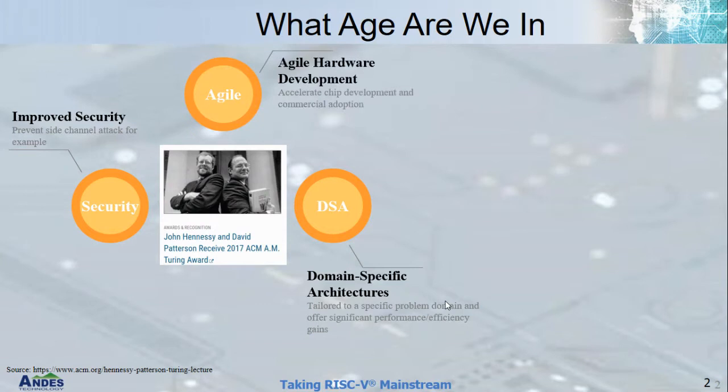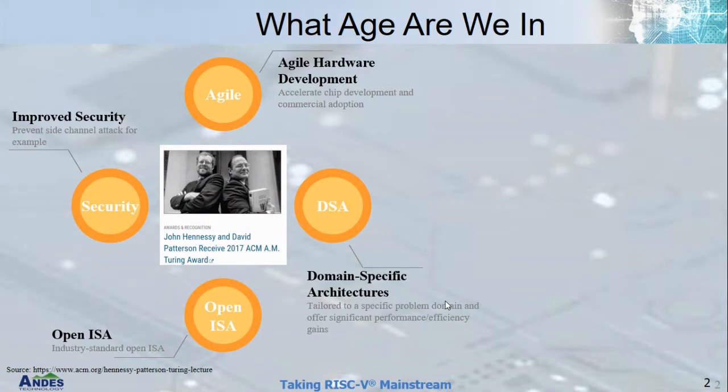And then the next one is agile. If we see how fast chips are developed today, it's really breathtaking how fast it goes. So things need to be faster, and therefore an open standard like RISC-V can help people collaborate more easily on the same goal and speed things up. And then last but not least, the age of open ISA.